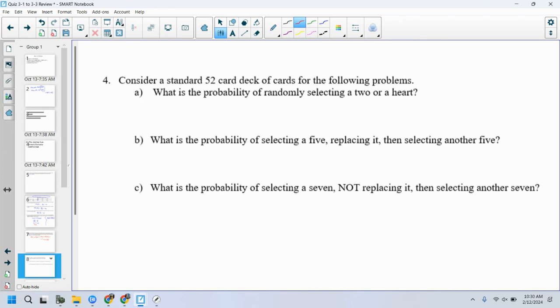Okay, so the probability of 2 or heart. From my formula sheet, 2 or heart is probability of 2 plus probability of heart minus probability of 2 and heart, right? Follow me there?